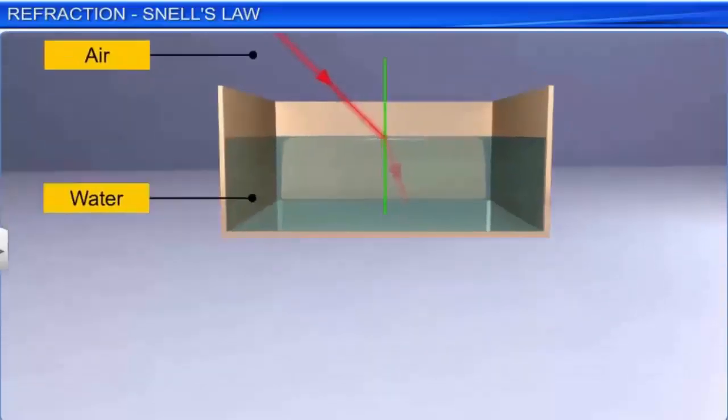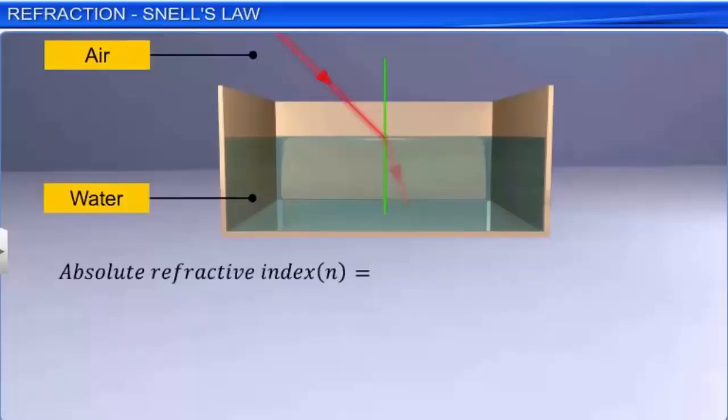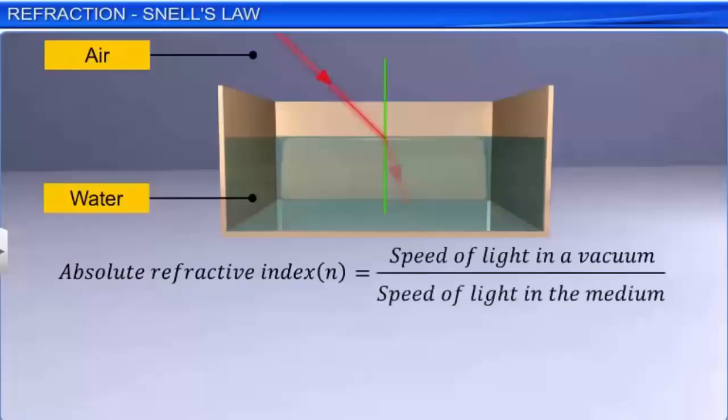It is a pure number with no units and dimensions. If the speed of light in a medium is v, then n is equal to c by v. Let this be equation 1. Note that the speed of light in a medium is inversely proportional to its refractive index.